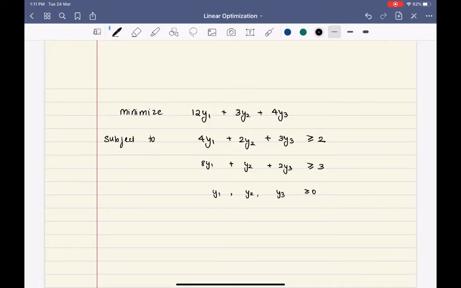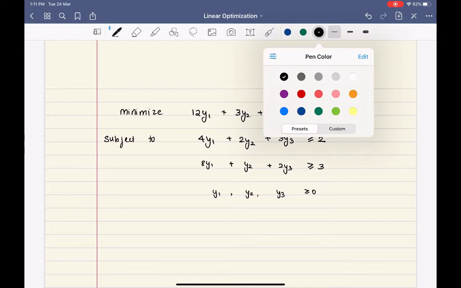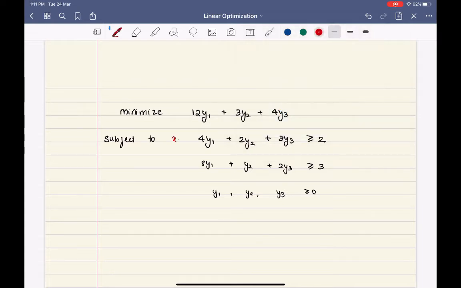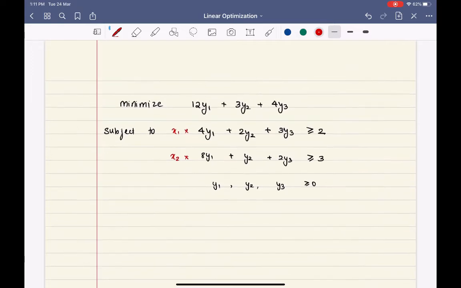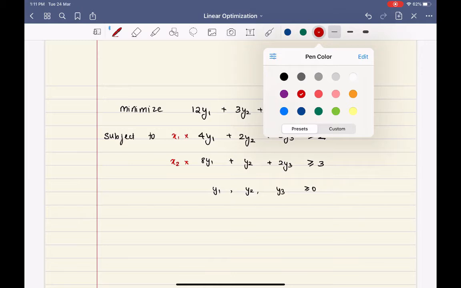Consider this minimization problem. Now, suppose we directly think of multiplying these constraints by some variables x1, x2 and then adding it up. What do we get?